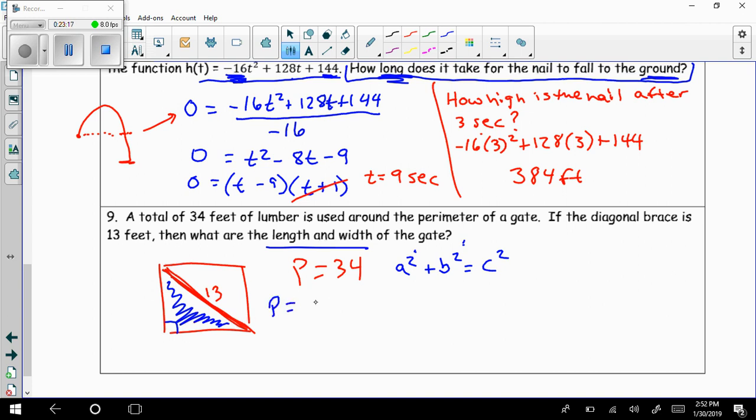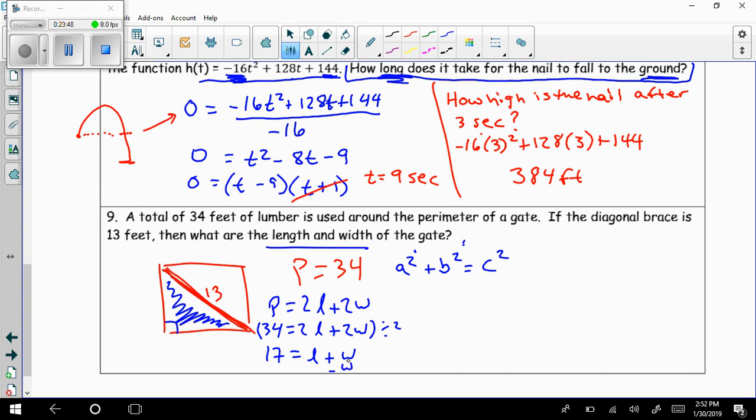Well, we do know that perimeter is 2L plus 2W. Okay, so 34 equals 2L plus 2W. We divide everything by 2, 17 will equal L plus W. So I can choose either L or W, it doesn't matter, to subtract over.